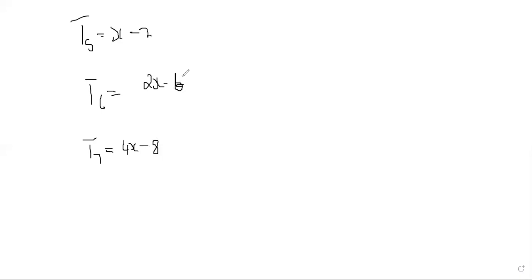They tell you that term 5 is equal to x minus 2, and term 6 is equal to 2x minus 6, and term 7 is equal to 4x minus 8. And they tell you again, so this is minus 6, sorry for the handwriting, so this is minus 6.